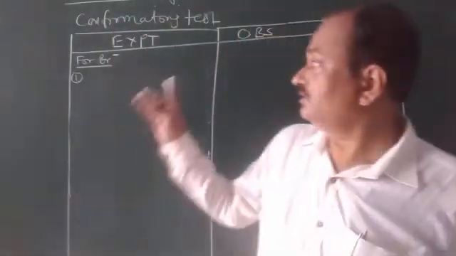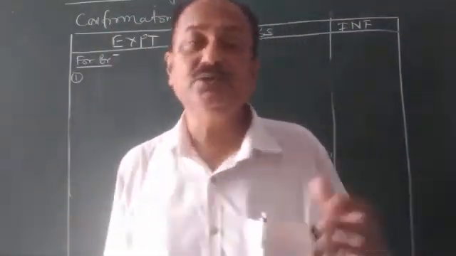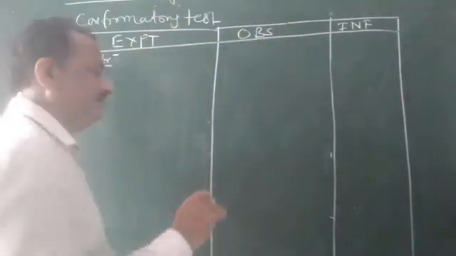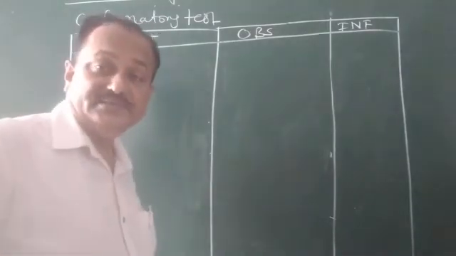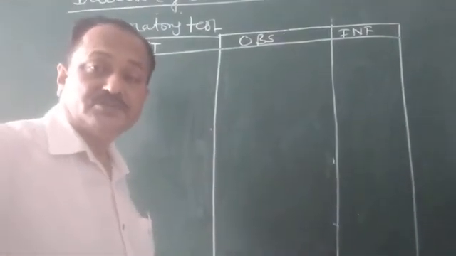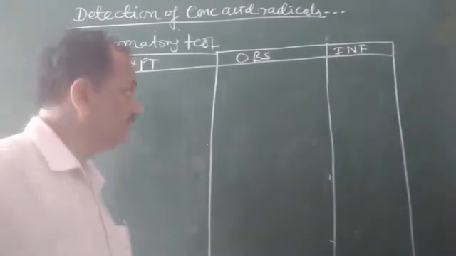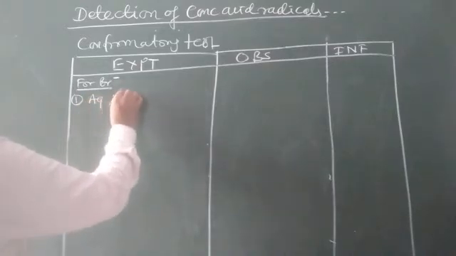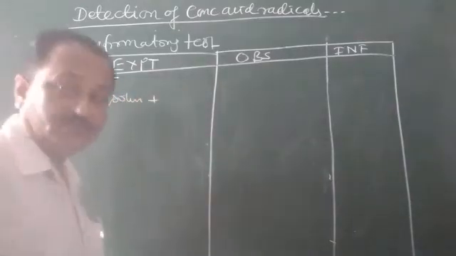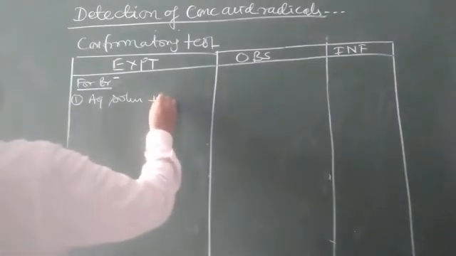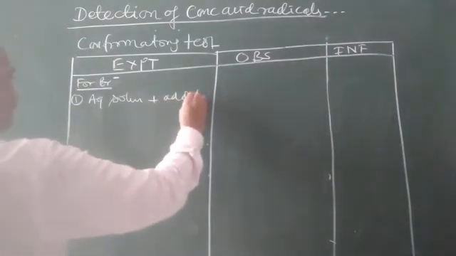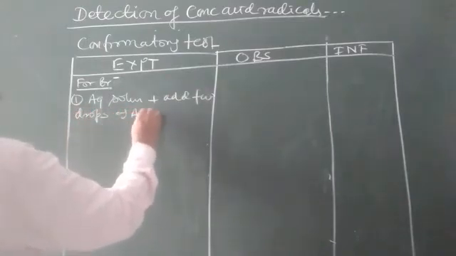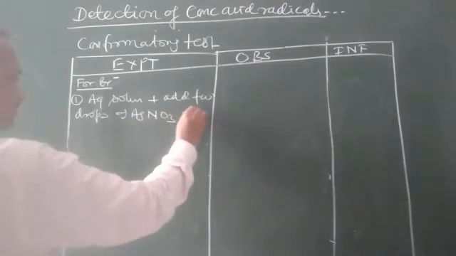Now to explain about the confirmation of bromide ions. As you know, bromide ions are characterized by the presence of orange vapors. But for the confirmatory test, we take the aqueous solution of the salt, then add a few drops of AgNO3 solution.